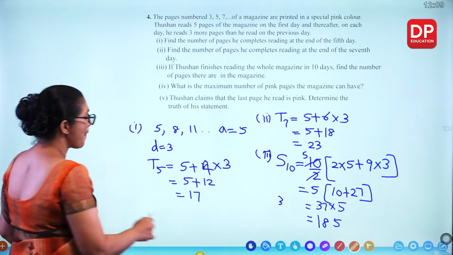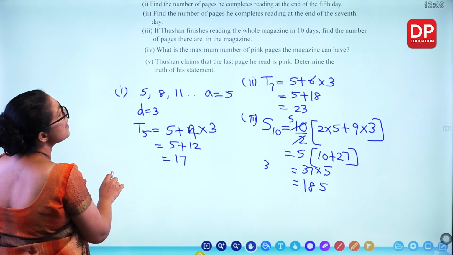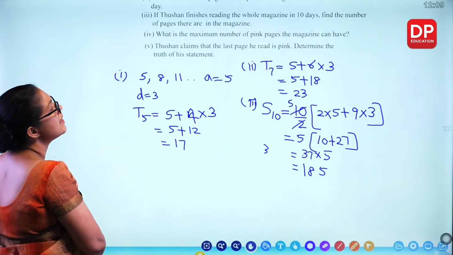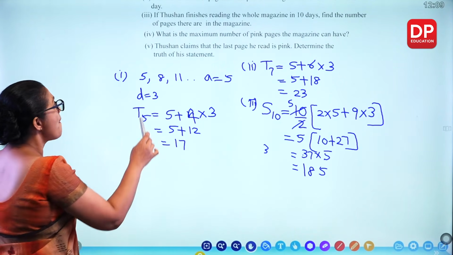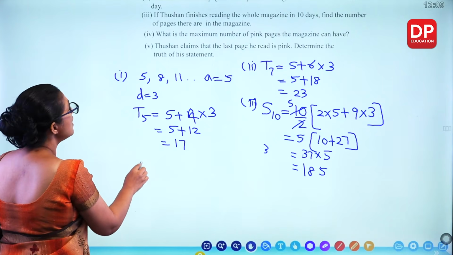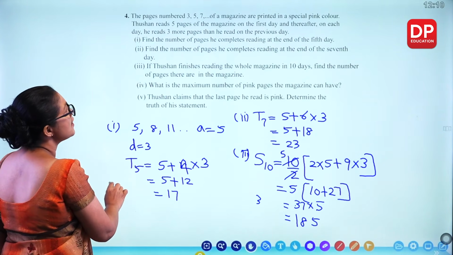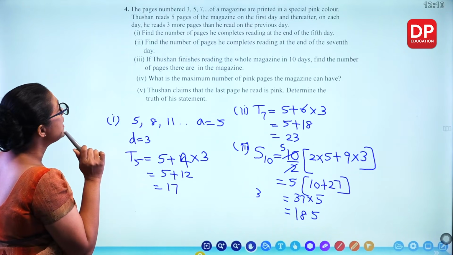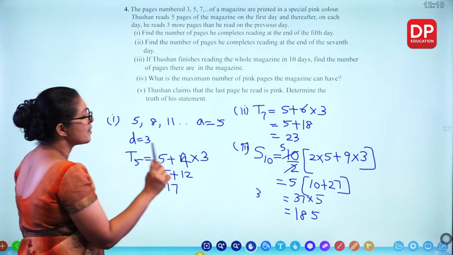Fourth part, what is the maximum number of pink pages the magazine can have? So pink pages are all odd numbers, 3, 5, 7 like that. So altogether, how many pink pages are there?